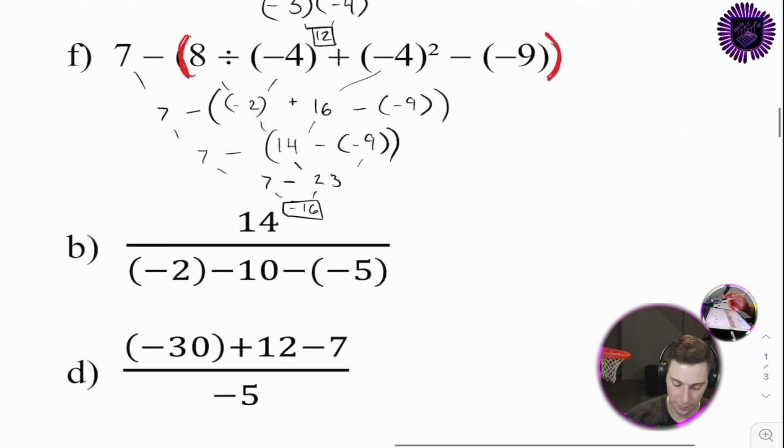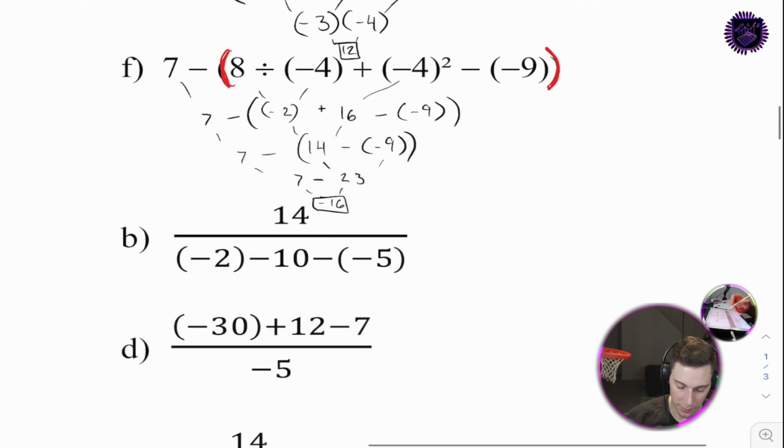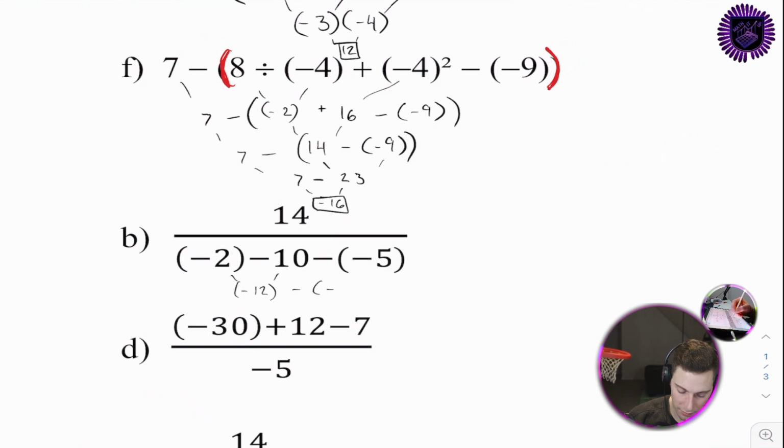5b. Negative 2 minus 10. This is going to be negative 12. Drop down my minus and negative 5. Negative 12 minus negative 5. Negative 7.